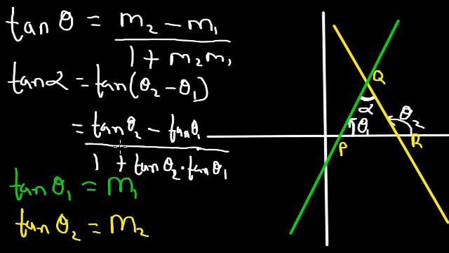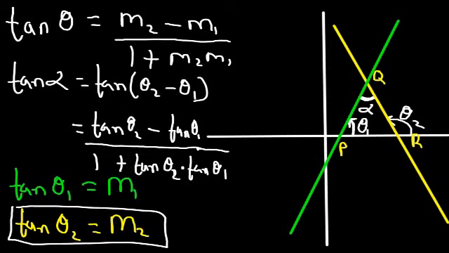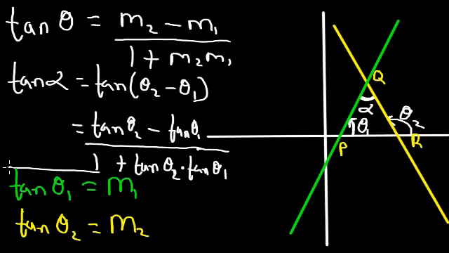Perfect. Now we can substitute, since we know that tan theta 2 is the same as m2 and tan theta 1 is the same as m1.